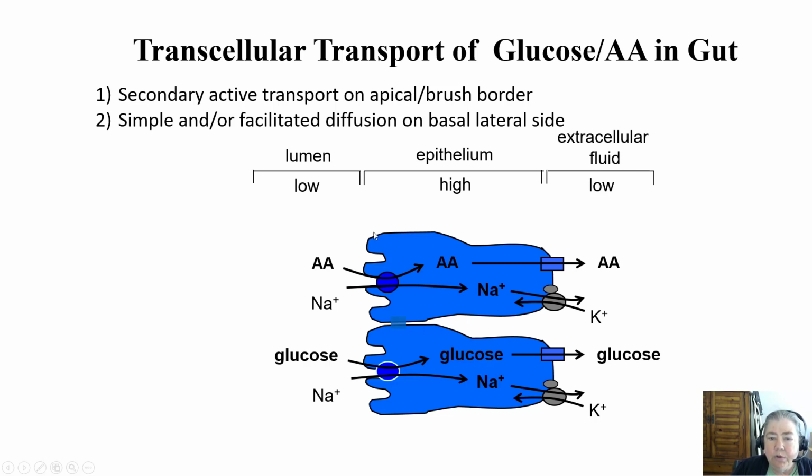On the other side, okay, there is a constant movement, if you remember, of sodium out and potassium in, and that's on the outside of the cell.